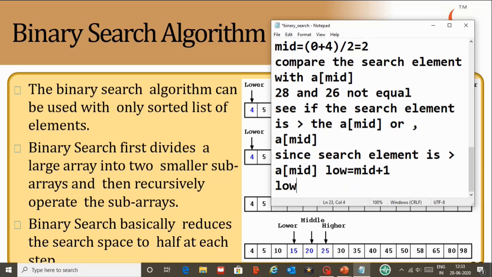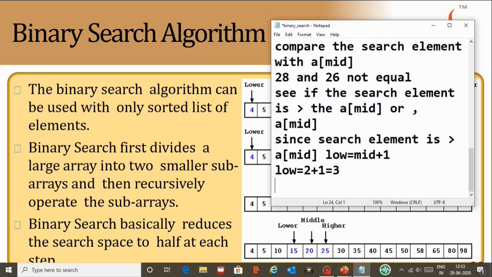So low is equal to, what is mid? 2, correct? Plus 1, which is 3. Now again find the mid value.